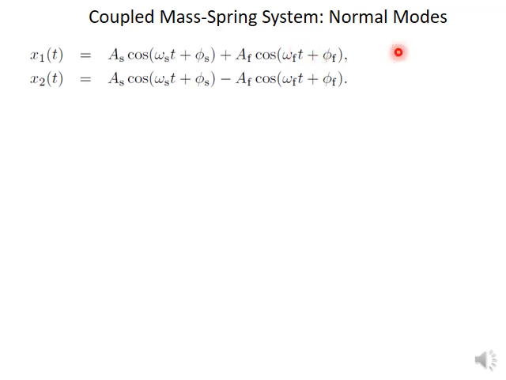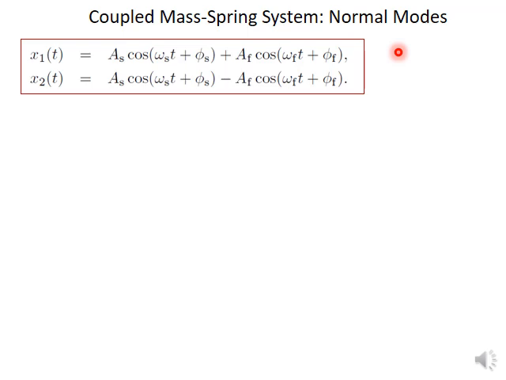They are given from the starting condition at t equals 0. So these are your solutions for the coupled spring systems, or specifically the time-dependent displacement of the two masses of the coupled spring systems.